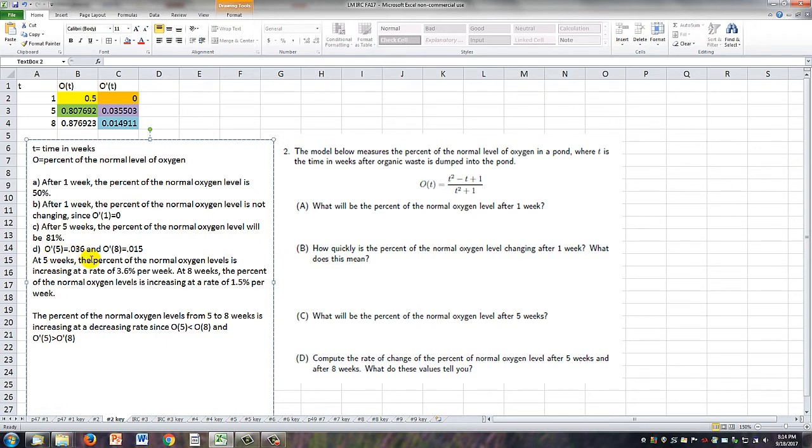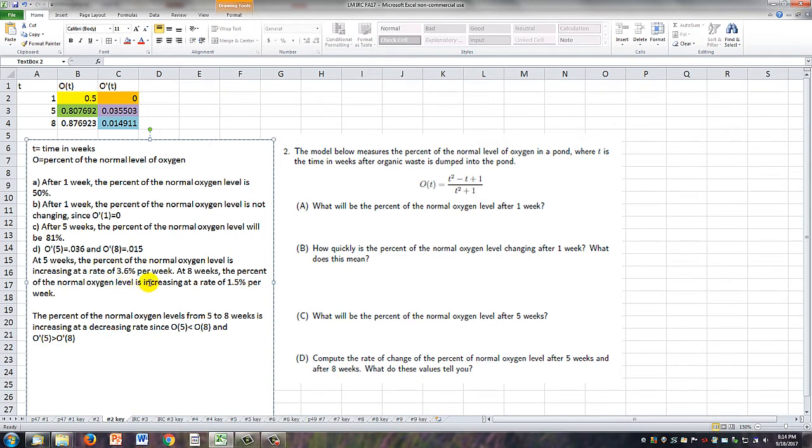The name of the function, percent of normal oxygen level, is increasing at a rate of 3.6% per week. So the units are always Y units per additional X unit, so 3.6% per week. And at 8 weeks, the percent of normal oxygen level is increasing at a rate of 1.5% per week.